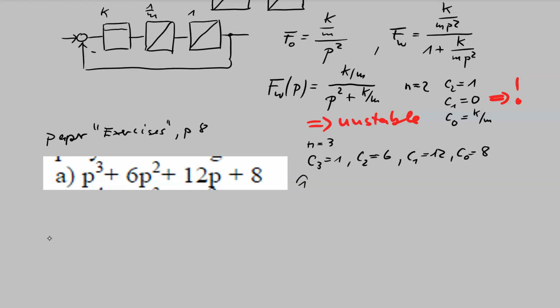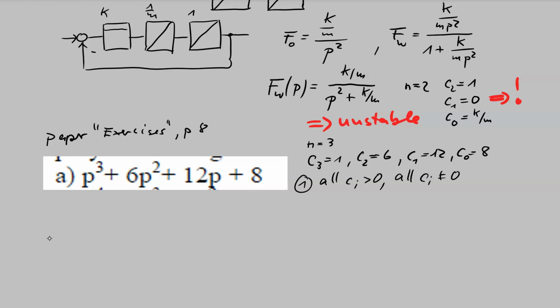The first condition of Hurwitz is to check n is 3, and with C2, C1, C0 you see all coefficients are positive, all Ci positive, and all Ci not 0, starting with C3.